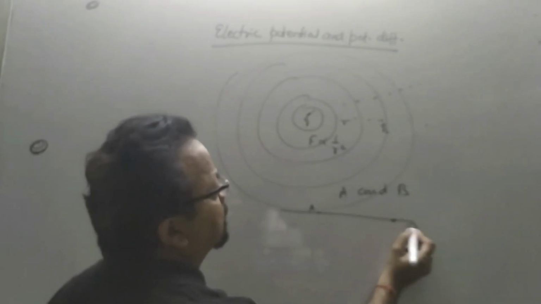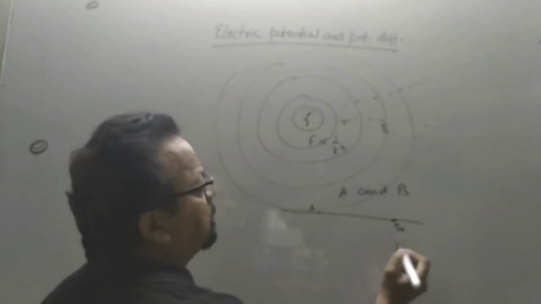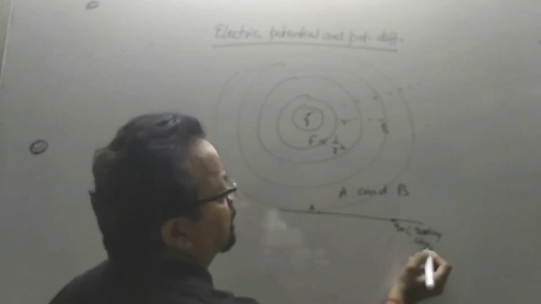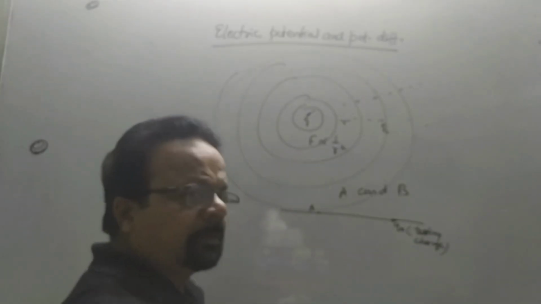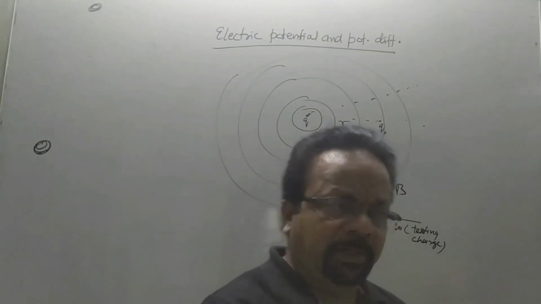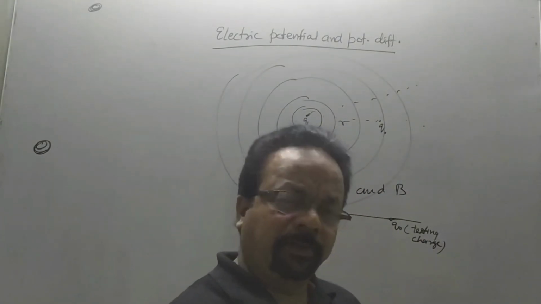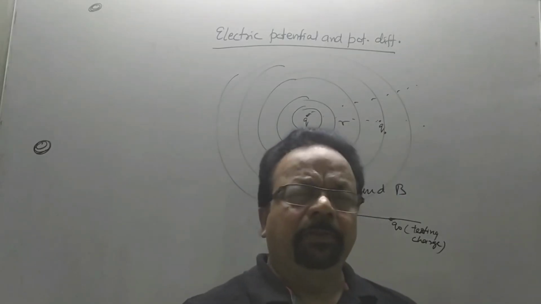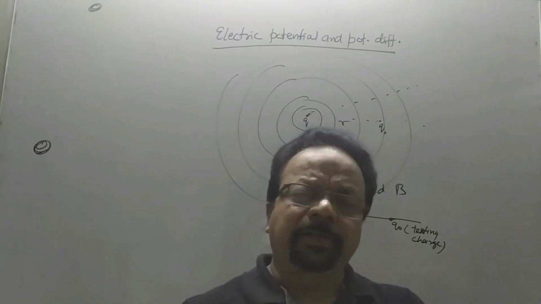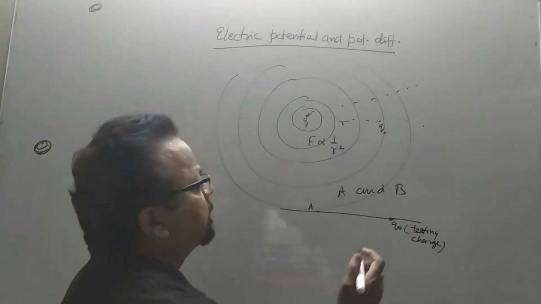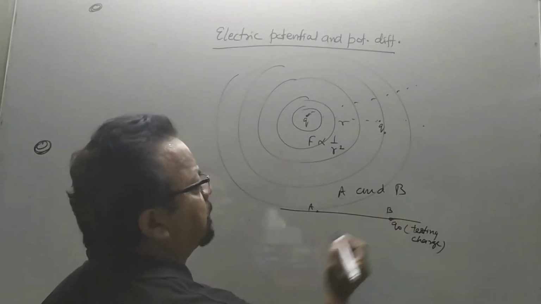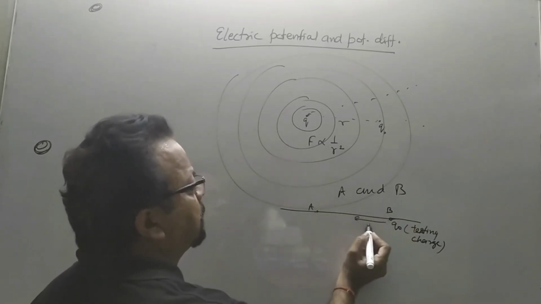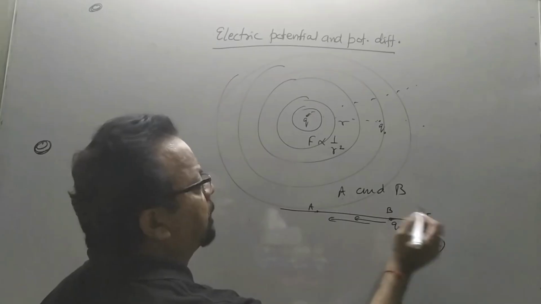Suppose a charge Q naught, which is known as testing charge. As you know, a tester is used to check the electric current. Similarly, to check the presence of electric field, a very small charge is used, which is called testing charge. Suppose a testing charge Q naught is brought from B to A against the electric field.